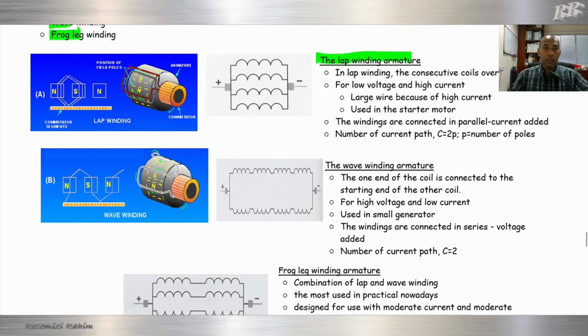In lap winding armature, the first coil is gray color. The second coil is red color.